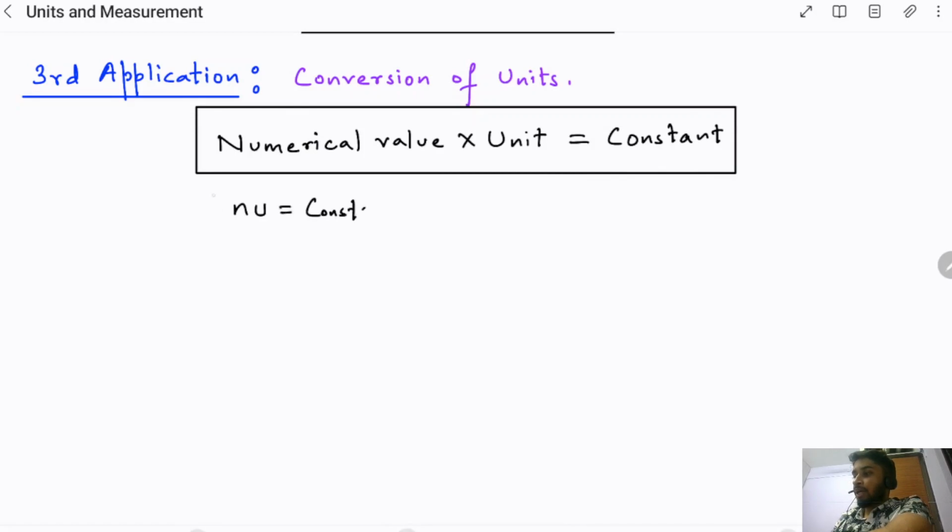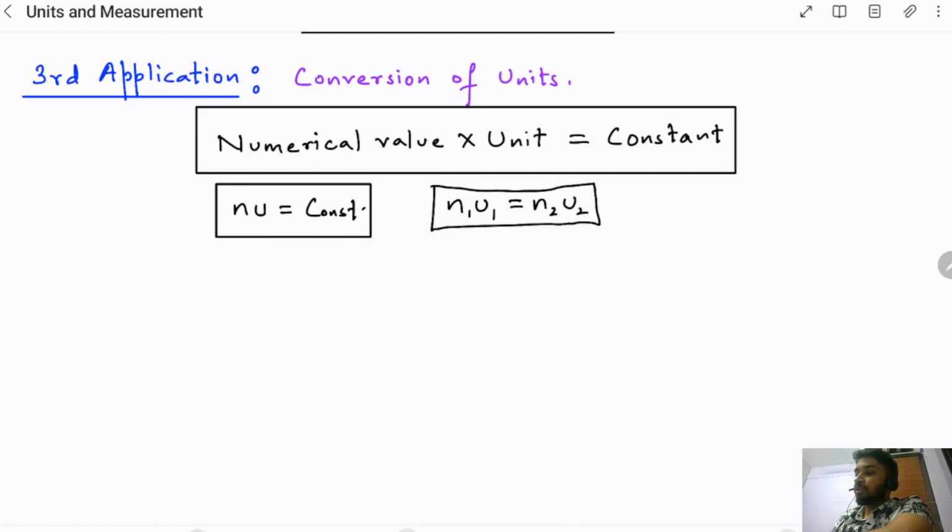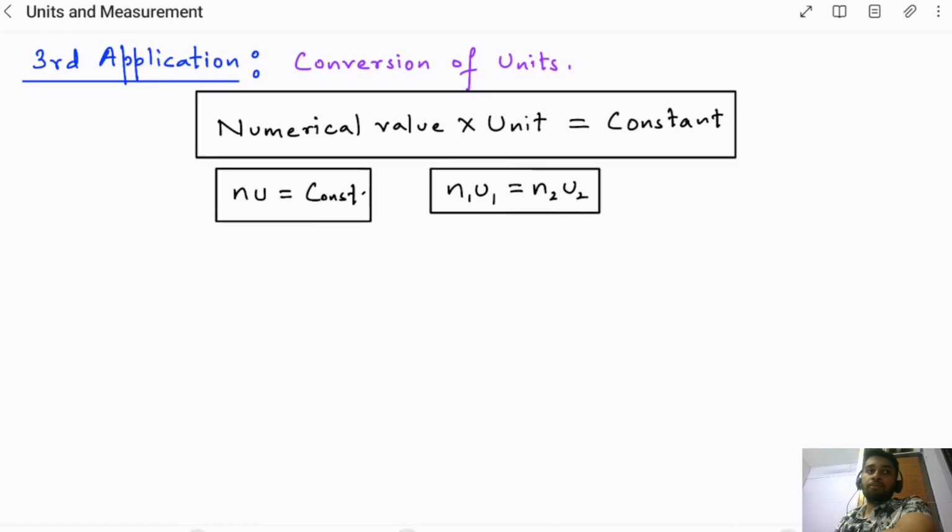And while solving problems, the expression that we use is n1 u1 equal to n2 u2, which is basically equating the numerical values and the units in two different systems. So let us see an example for this.